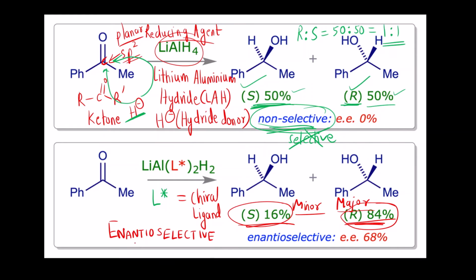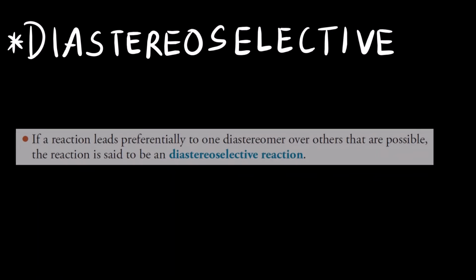So this is an example of an enantioselective reaction. One of the isomers is formed as a major product, and the other isomer is also formed but in lesser amount. Now let us see what is a diastereoselective reaction.